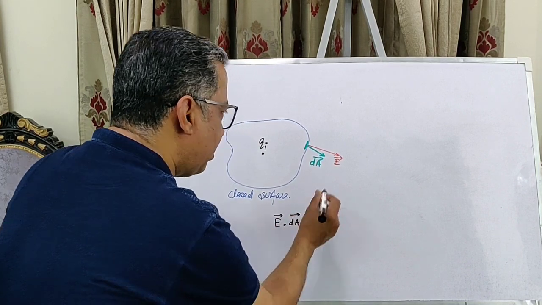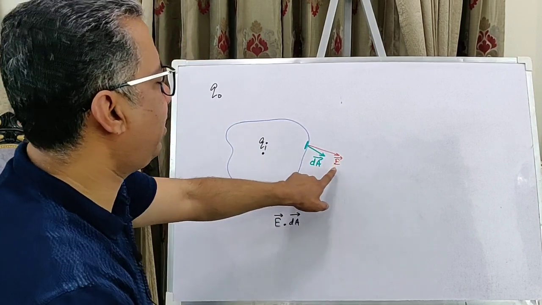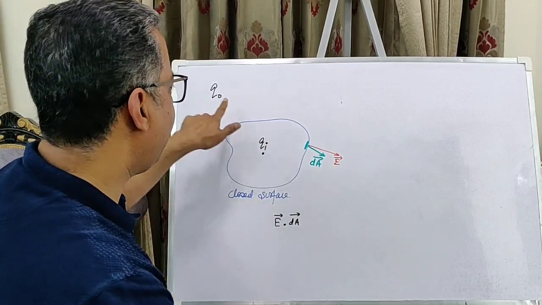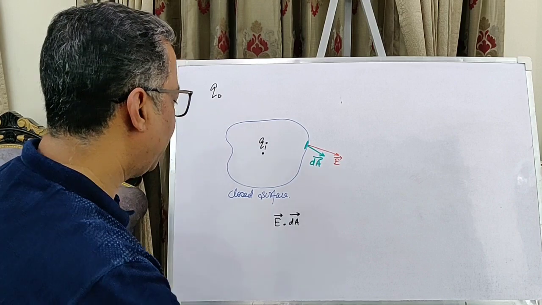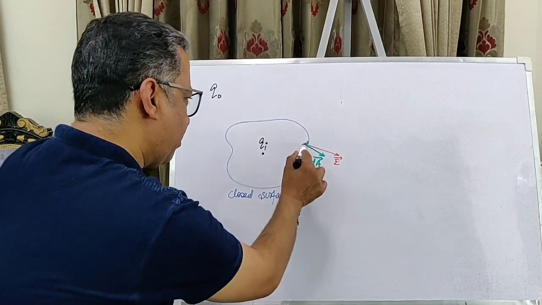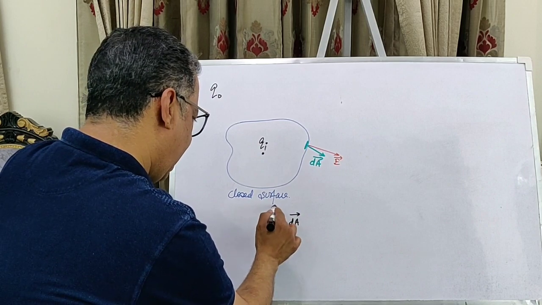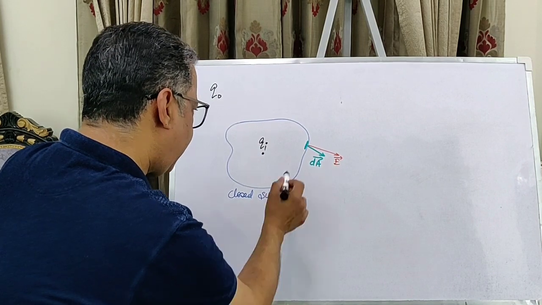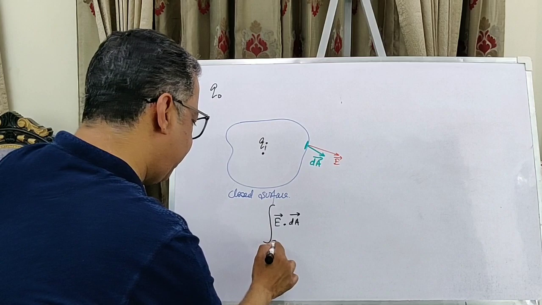I've already mentioned this E is the net electric field due to Qi as well as Qo. And then after calculating this flux through this tiny area, we calculate the flux through the entire surface.